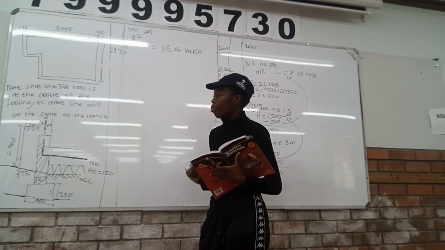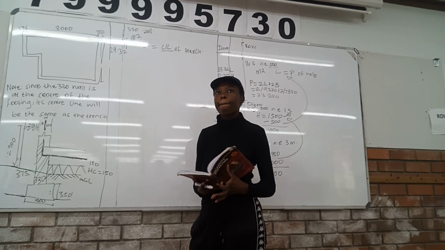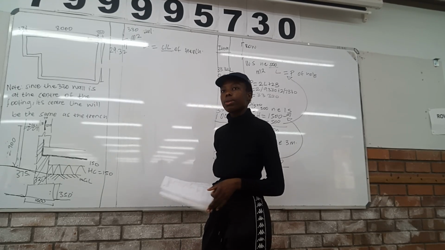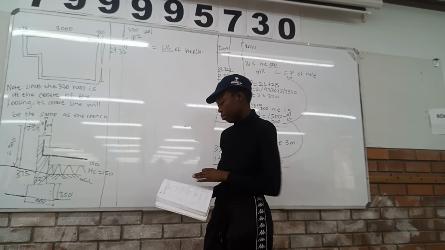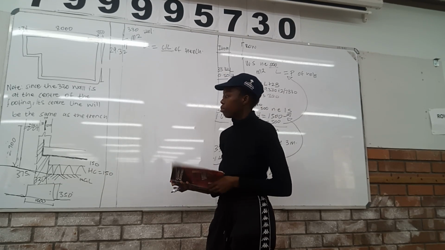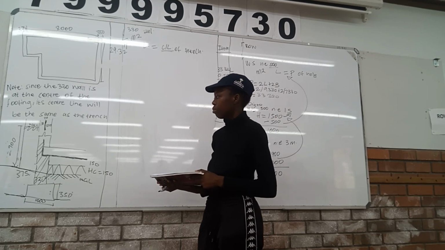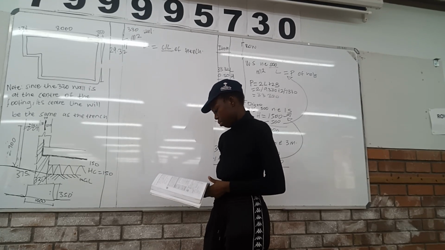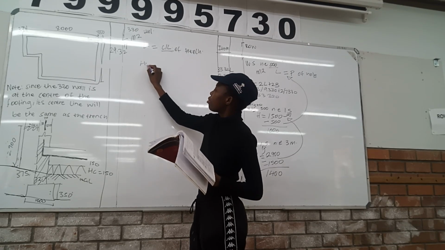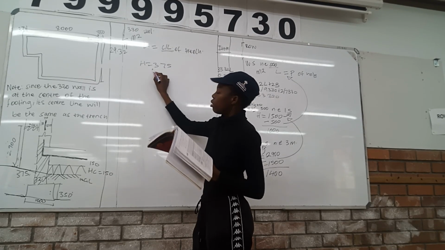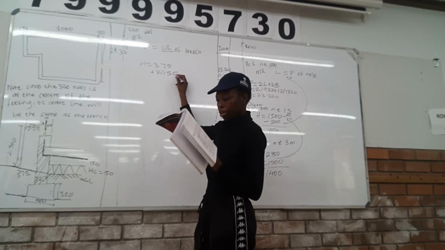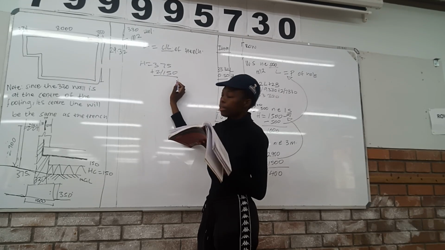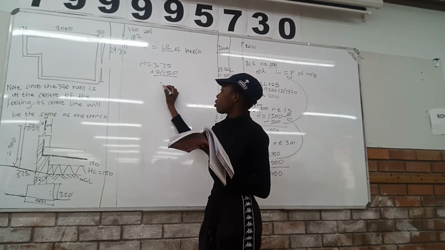What is the height of the 330 wall? We said it's length and height. What is the height of the 330 wall? Three seven five. 375 plus 2 of 150. 675.